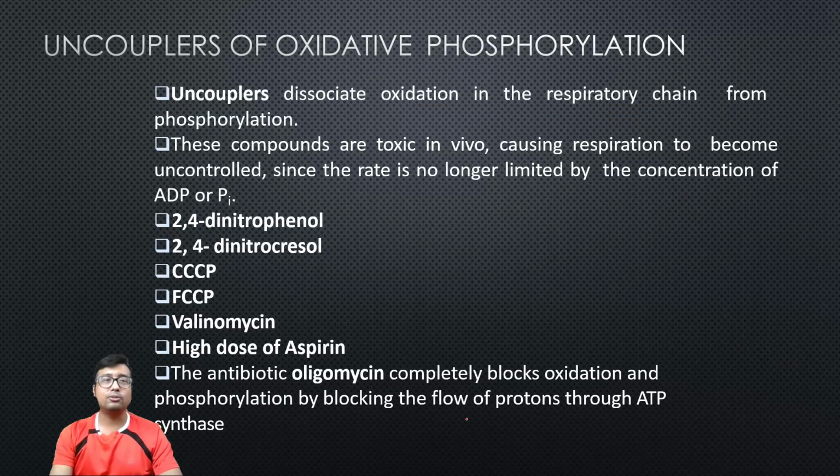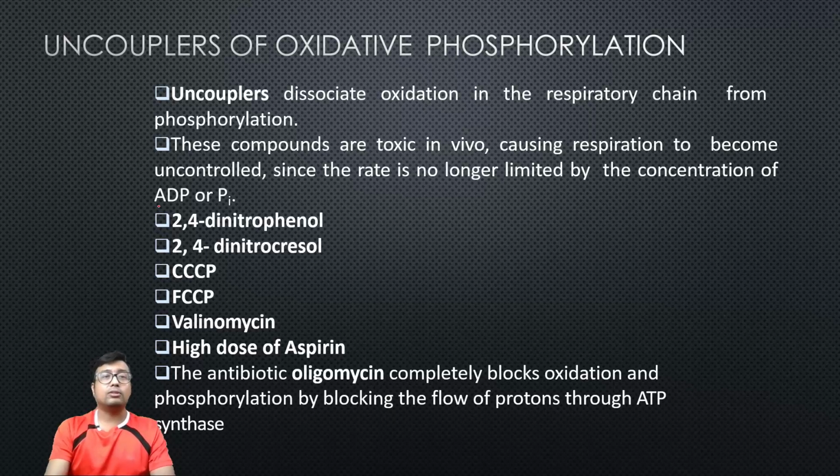Next, we come to the uncouplers of oxidative phosphorylation. Remember, in our last class, I told you how oxidative phosphorylation is regulated. It is regulated because the supply of ADP regulates the rate of respiration, because respiration and phosphorylation are coupled. One cannot happen without the other.